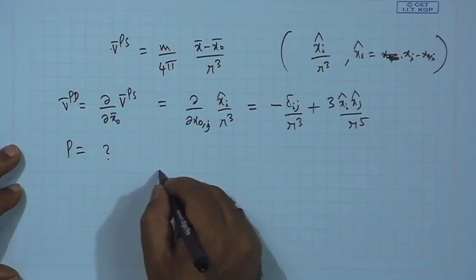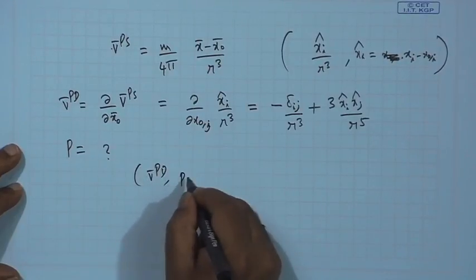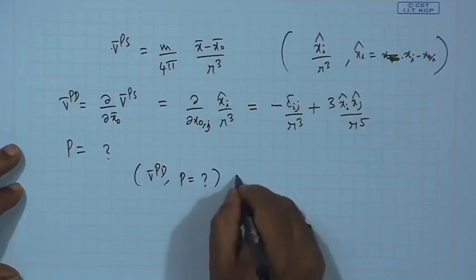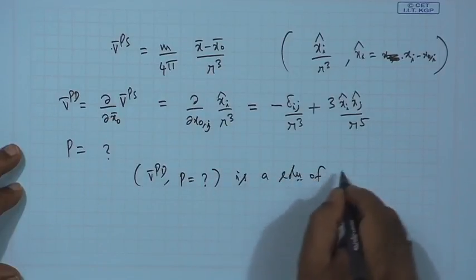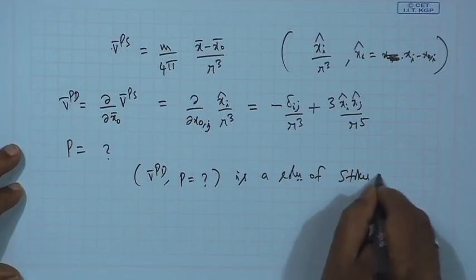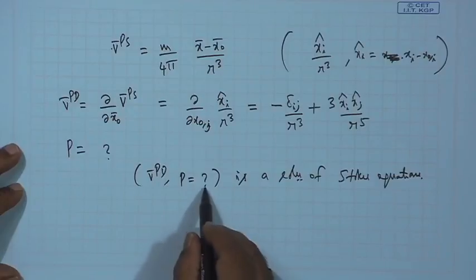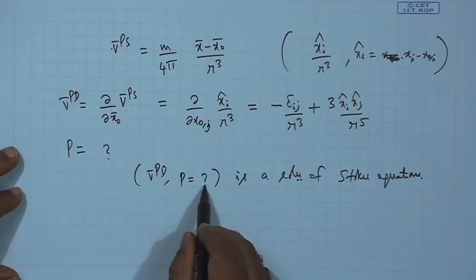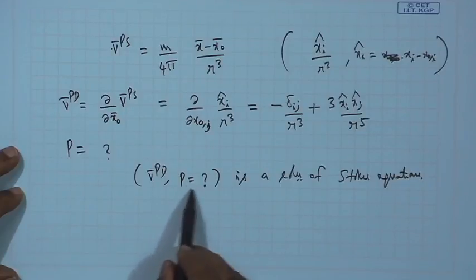That means, we are asking potential dipole P given by what is a solution of Stokes equation. Okay. So, I have shown you for the point singularity. So, now for potential dipole you can very easily get what is P.